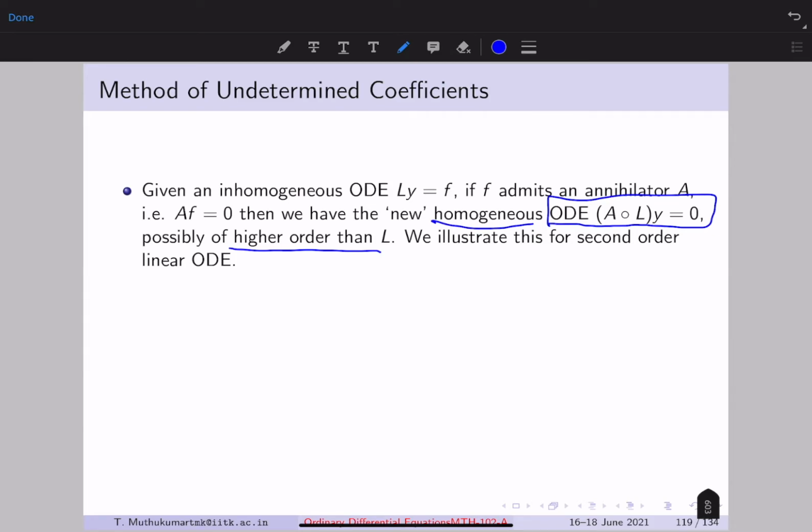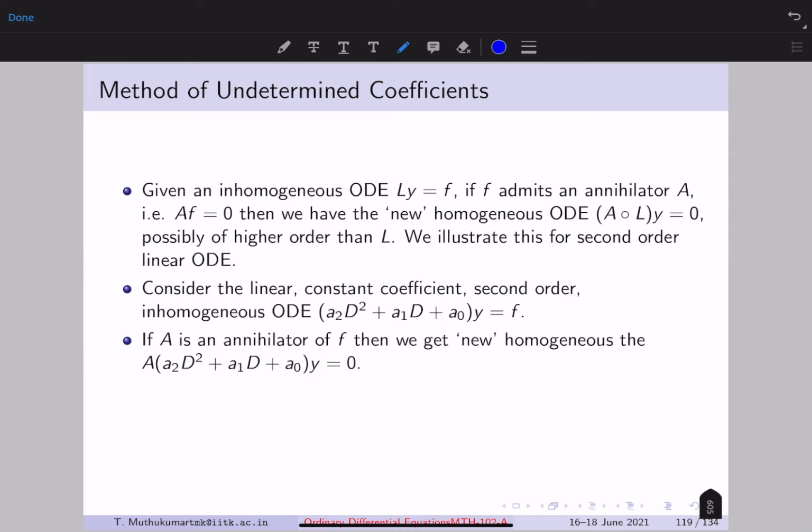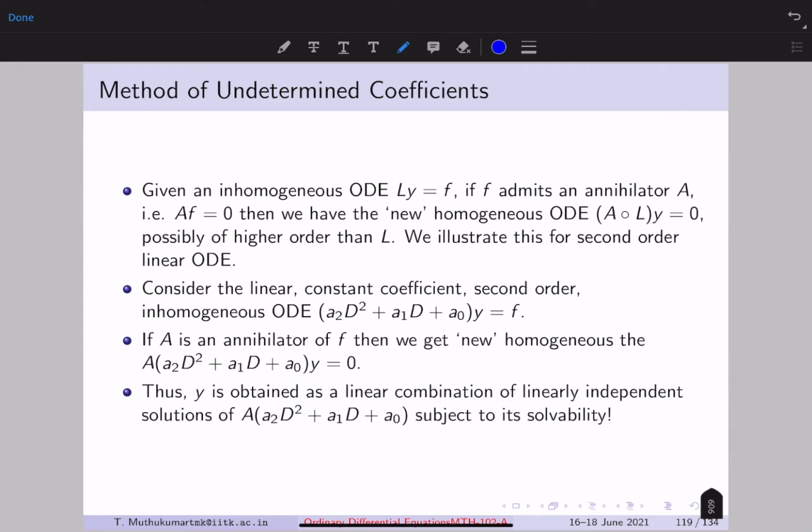So let's illustrate this for a second order situation, just as an example. If you are given a second order linear ODE, then your L is of this form. So Ly equal to f. Now if A is the annihilator of f, then the new homogeneous ODE that you get is A composed with L, which is this, and you need to solve for this homogeneous ODE. Therefore, the y that is obtained is a linear combination of linearly independent solutions of this operator.